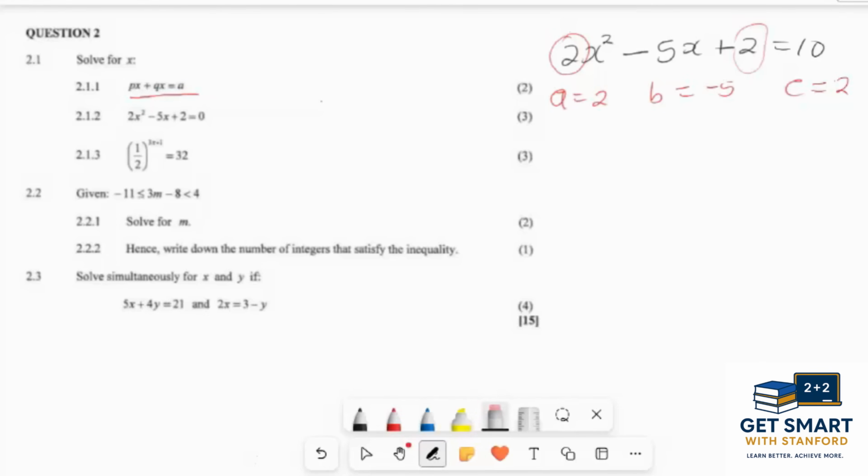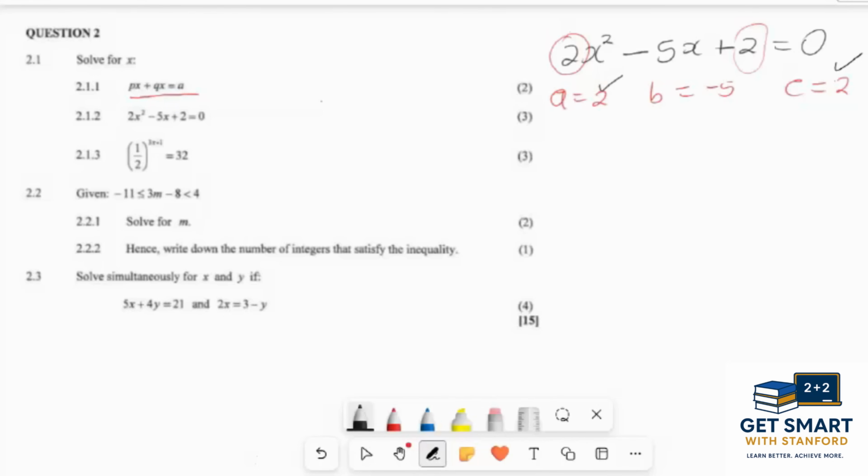You're not even telling me that, yeah, I said this is equal to 10 when it's actually equal to 0, not equal to 10. I beg your pardon on that one. All right. So we multiply the first, which is a, and the last term, which is c.